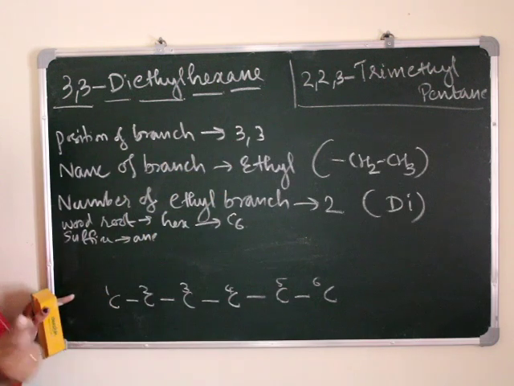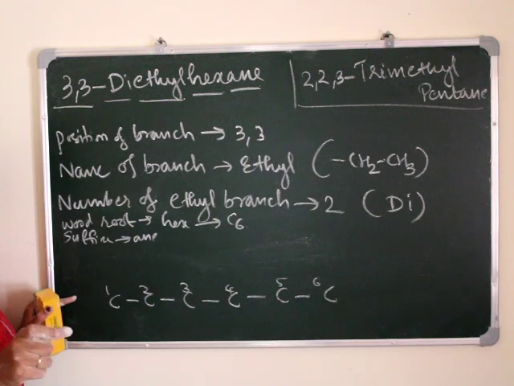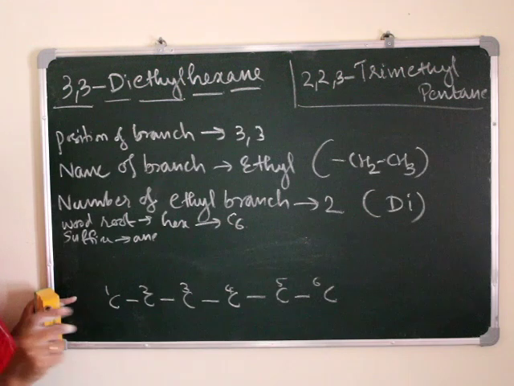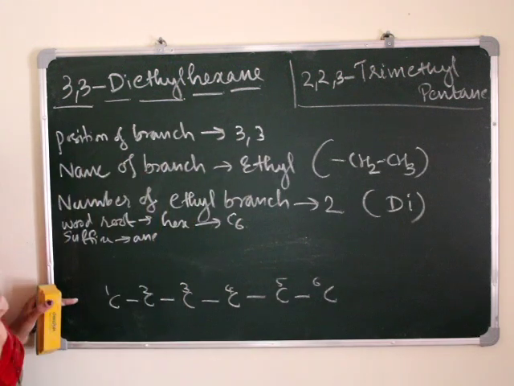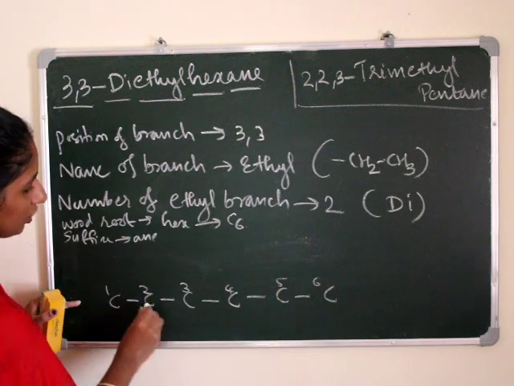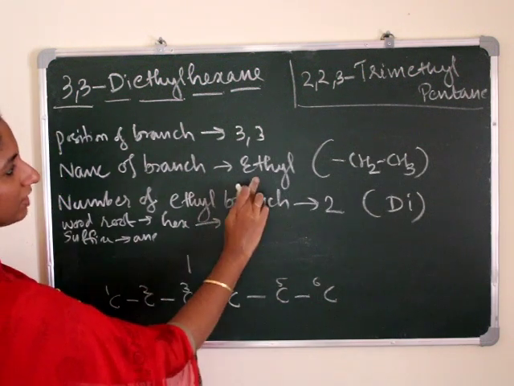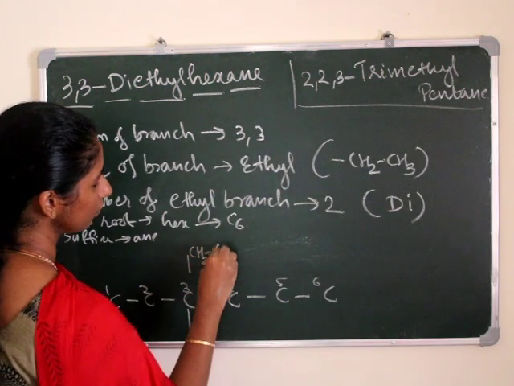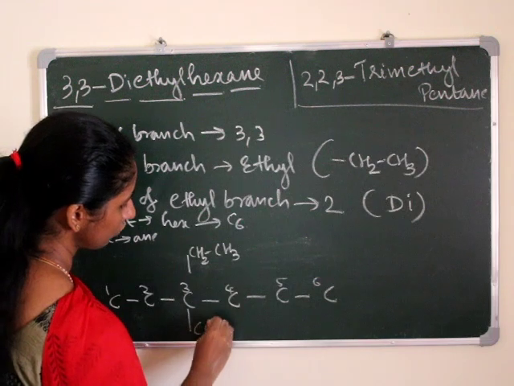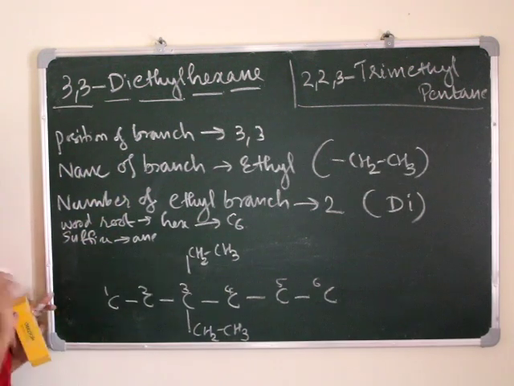The third position has 2 branches. The branch name is ethyl, and these 2 branches are present at the same third carbon atom. Ethyl means CH2 CH3, and this whole hydrocarbon has single bonds only.